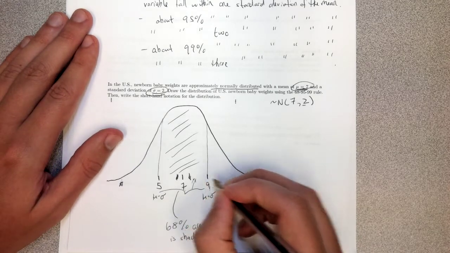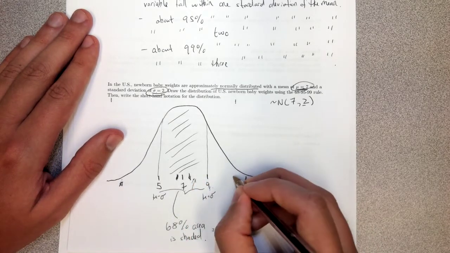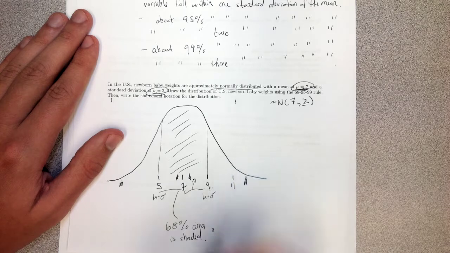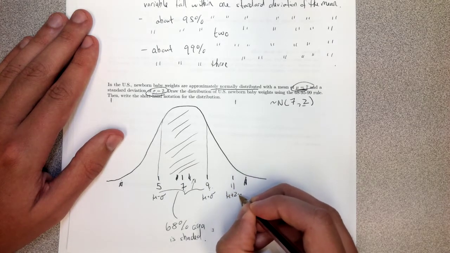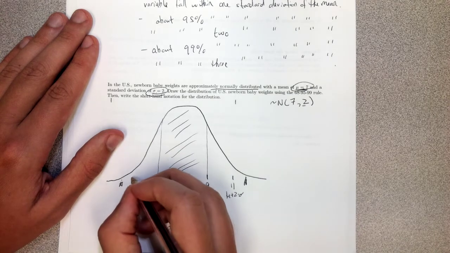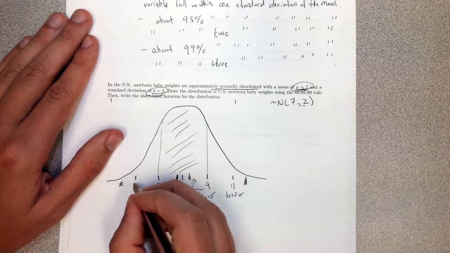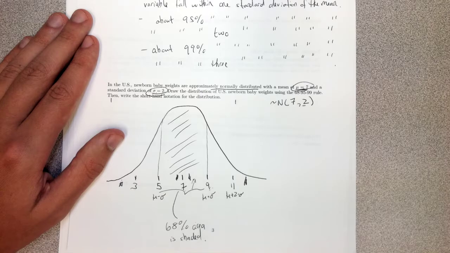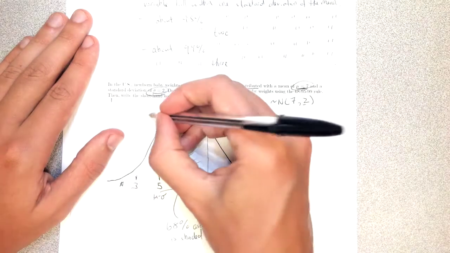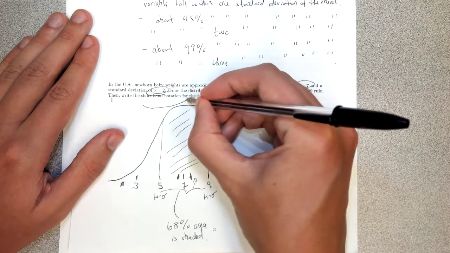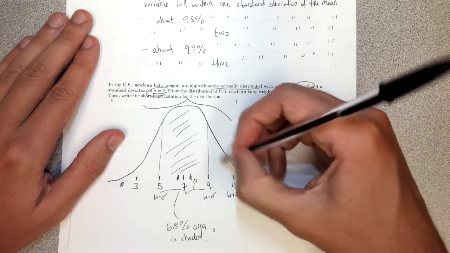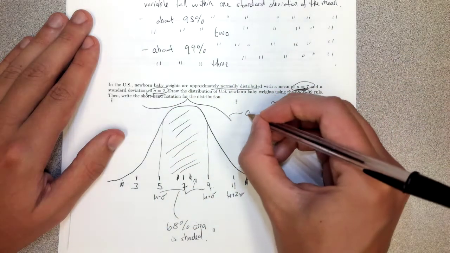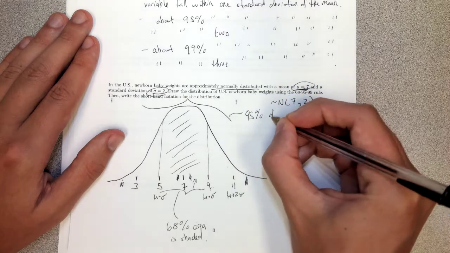And then when I go 2 standard deviations out, I'm going to make my next tick mark be 11. So that's mu plus 2 standard deviations. And then on this side, it's going to be 3. Then that means that area, so if you shaded between 11 and 3, that should be 95%.